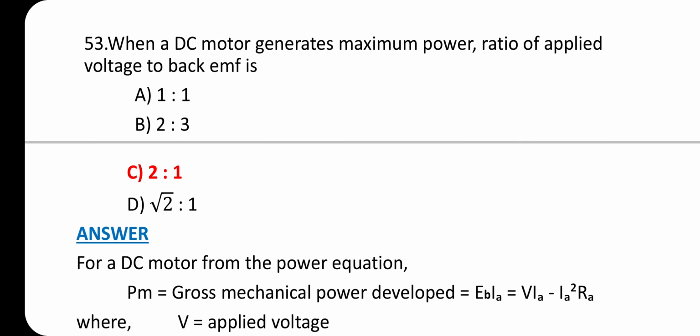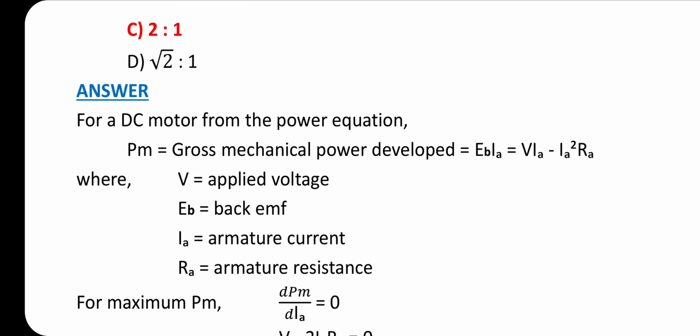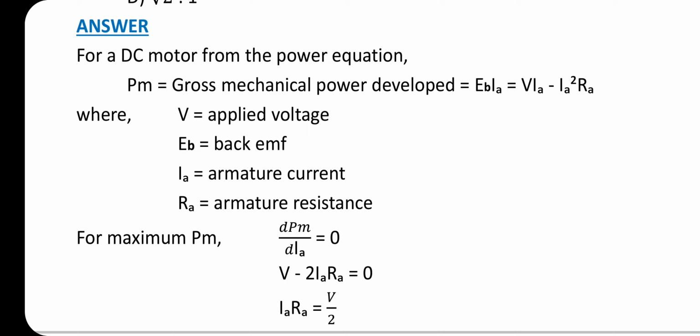When a DC motor generates maximum power, ratio of applied voltage to back EMF is, answer is option C, 2 is to 1. For a DC motor, from the power dissipation, PM equal to gross mechanical power developed, EB IA equal to V IA minus IA square RA, where V is the applied voltage, EB is the back EMF, IA is the armature current, RA is the armature resistance.